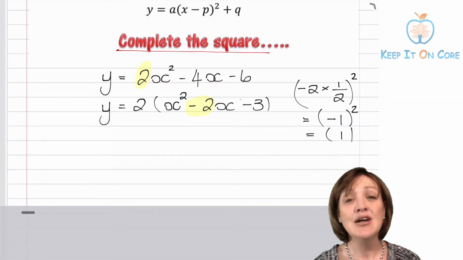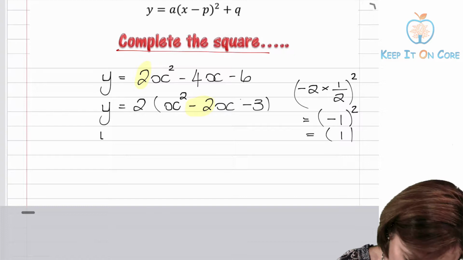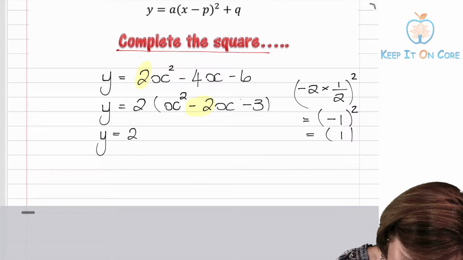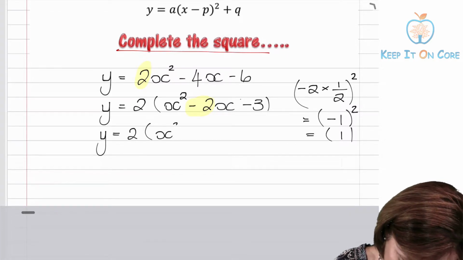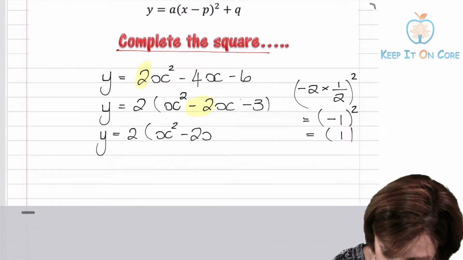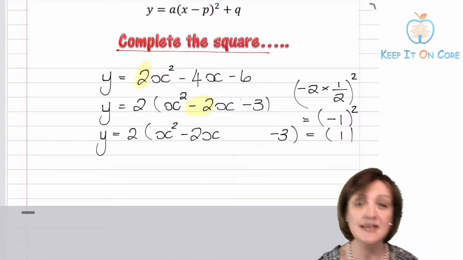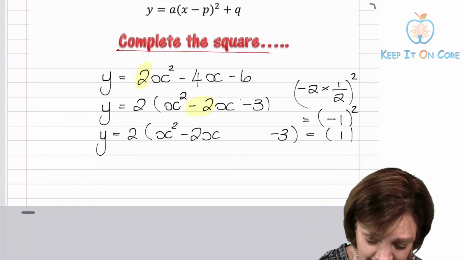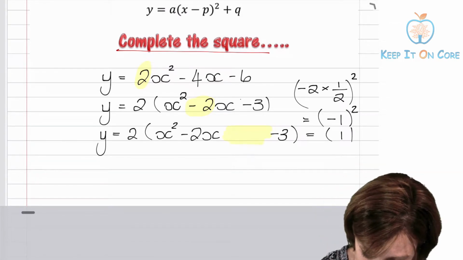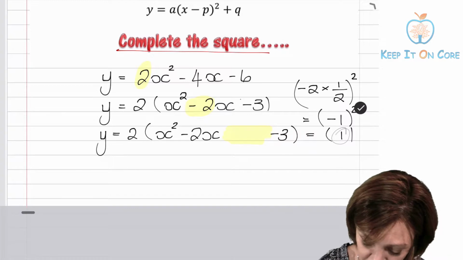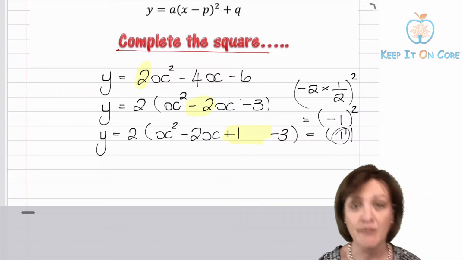What do I do with that positive 1? I take my equation of 2(x² − 2x − 3), and I give myself a nice gap between the −2x and the −3. Inside that gap, I take this 1 that we've just worked out and add it in there.